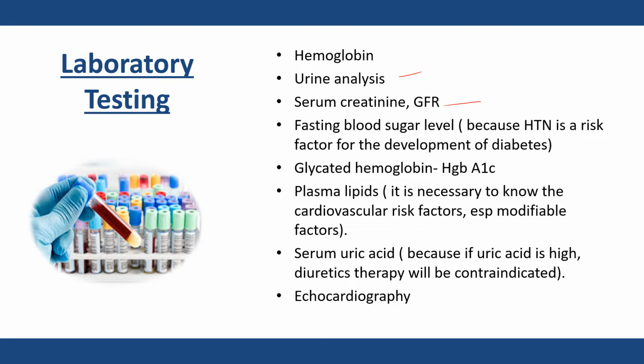Since these are chronic disorders, it's worth checking A1C as well, the lipid panel, and so forth, and an echocardiogram. These are supporting exams. They are not going to give you the answer on whether the patient has hypertension or not. These are the supporting exams that we do to manage our patients.